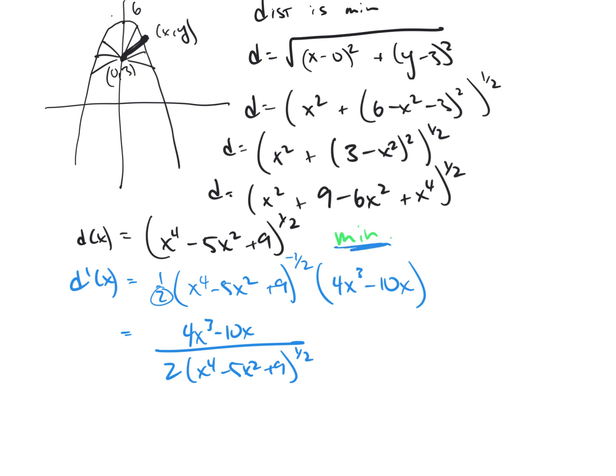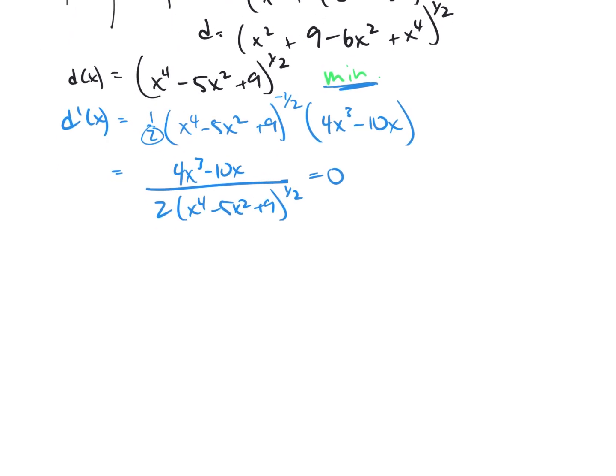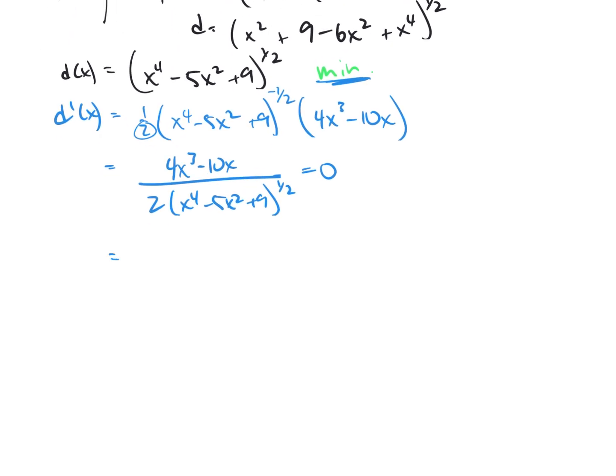Now, if it's going to be a minimum, the derivative has to be 0. If the derivative is 0, I know that 4x cubed minus 10x is equal to 0. Solving this equation, I can factor out my x, and I have x times (4x squared minus 10) equals 0.